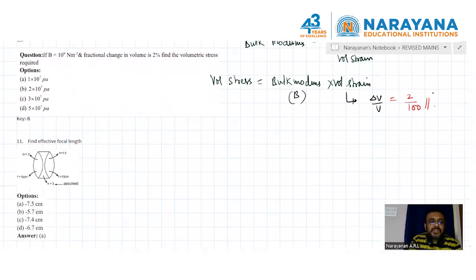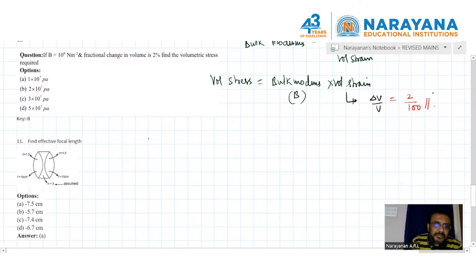And you have one more question related to lenses here. It's a combination of lenses. You have 3 lenses, lens 1 and lens 2. These 2 lenses are in contact. In between the lenses, there is some liquid being filled like this.